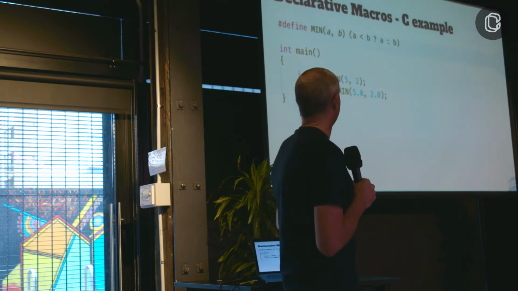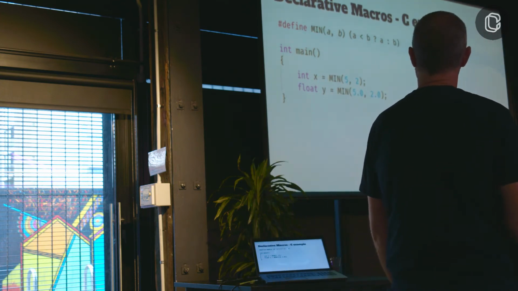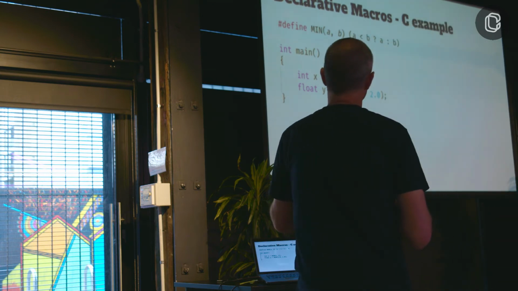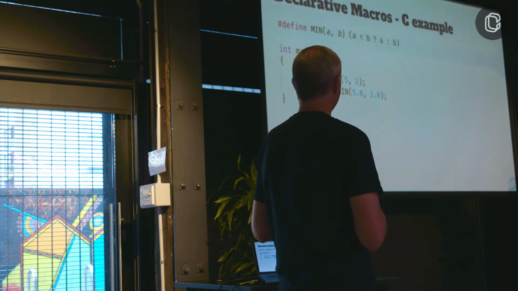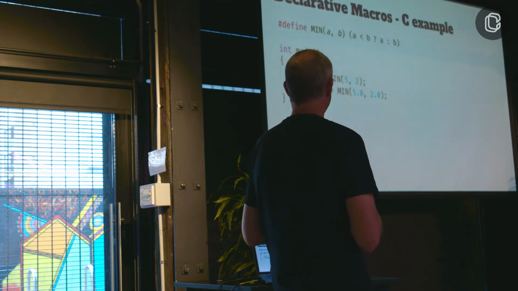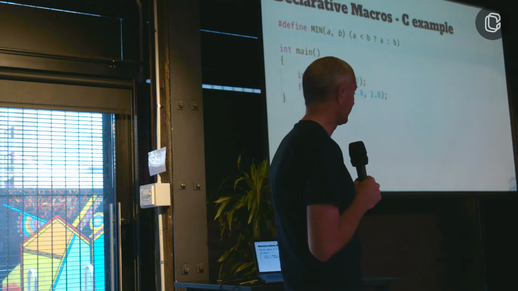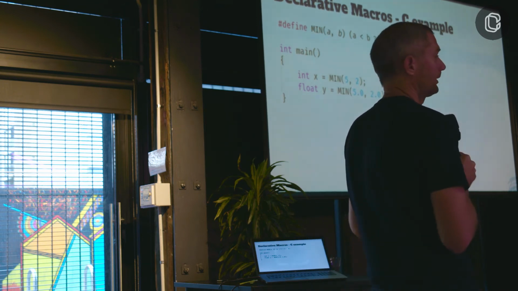So in C, for example, you can create a macro. It looks like a function, so we've defined something called min, which compares A and B and gives me the minimum value. The beauty about this macro is that you can use it for anything. You can compare integers or floating point numbers.